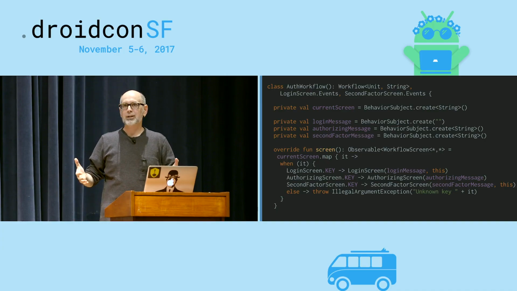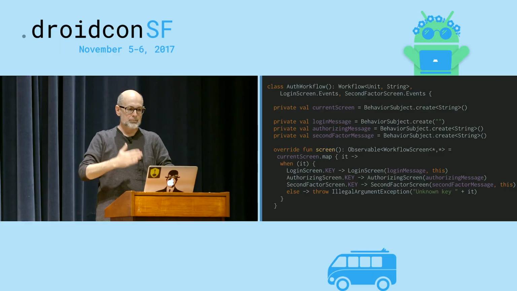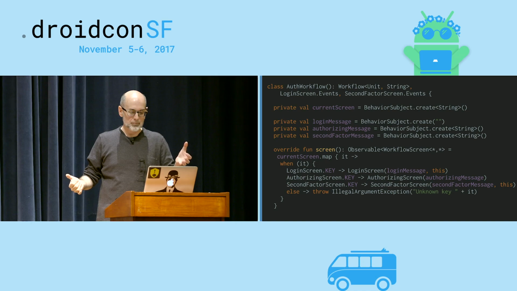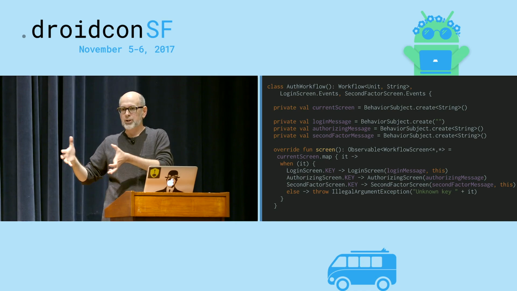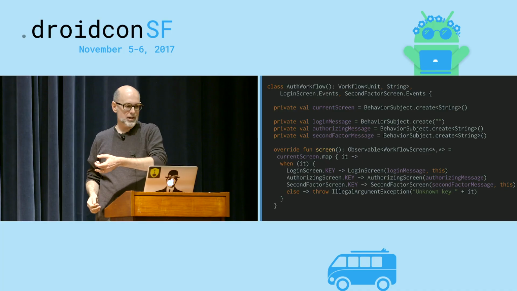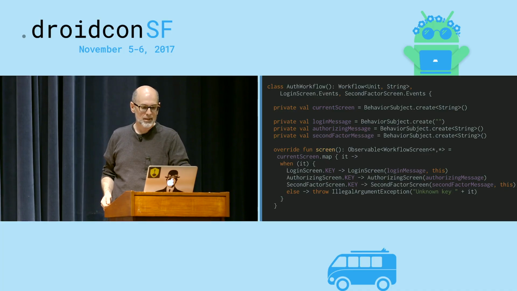So the workflow can accept any of the possible events from any of the possible screens that it can show, but by dividing its work into these individual interfaces, we are making it impossible for any particular screen to have the wrong conversation with it, to send an auth2 screen event in from the login screen and make that kind of a mistake.